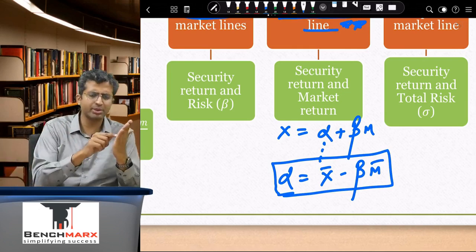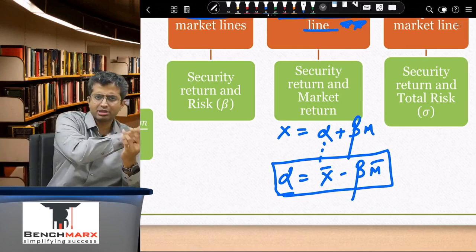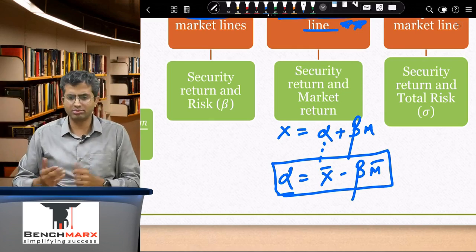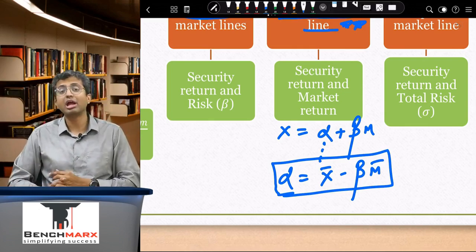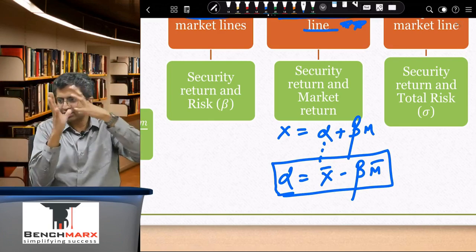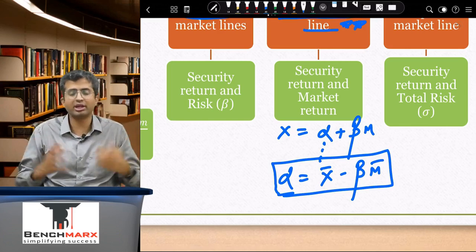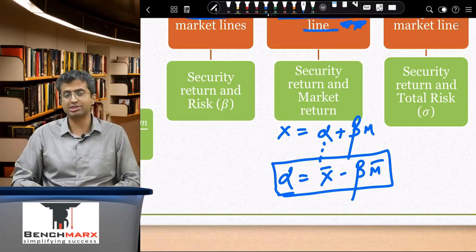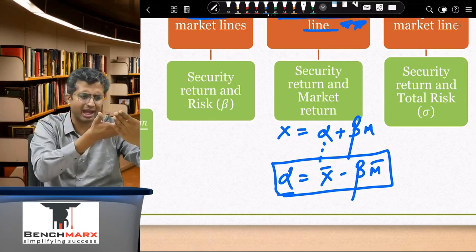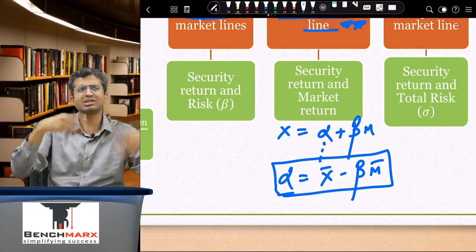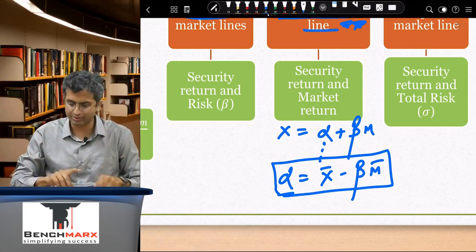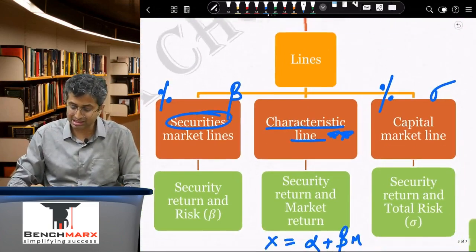So what we will do is we will say that okay, let us try to draw a line based on this equation, and let us plot the points, actual points. If these points come close to the line, we will say that okay, the beta's quality is appearing to be good. But if they are very far dispersed, we would say that by line ने जो predict किया था, उसके सामने actual results are something else, only beta is not of a good quality. This is just for your understanding. Achha, so this is the characteristic line.